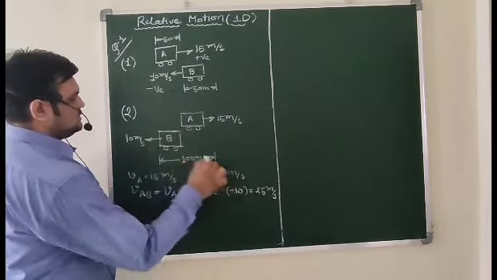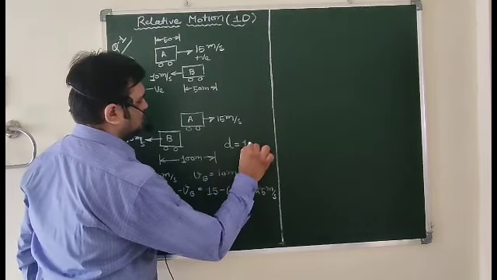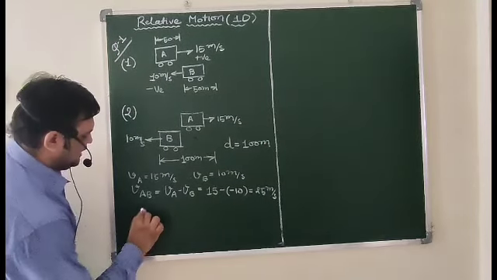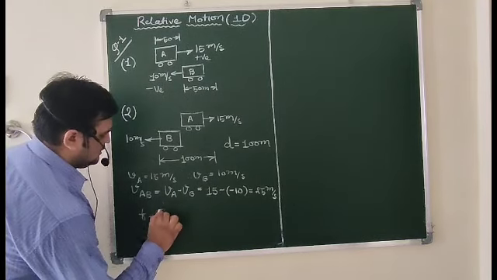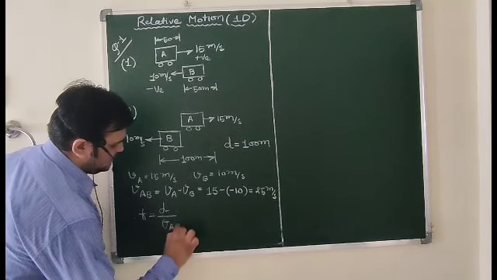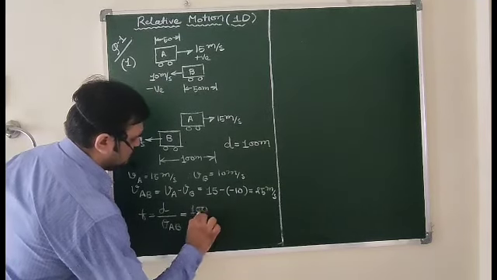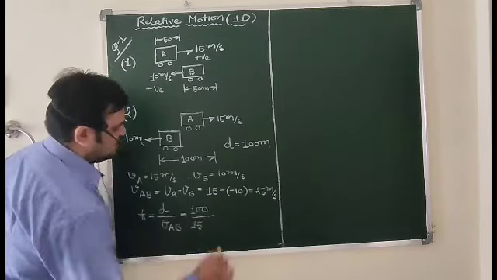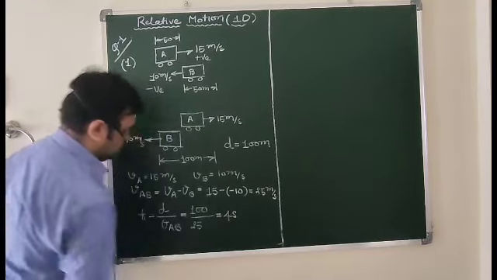The relative distance covered by both the trains, that is D, is equal to 100 meters. So ultimately the time taken by the trains, T, is distance divided by relative velocity: 100 meters divided by 25 meters per second, which is equal to 4 seconds.